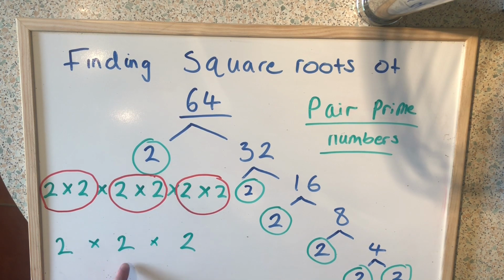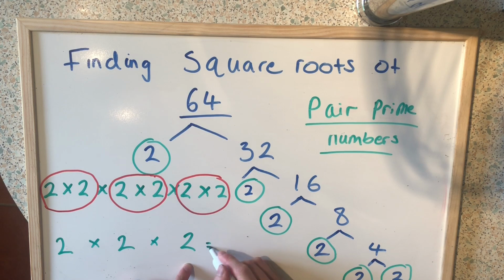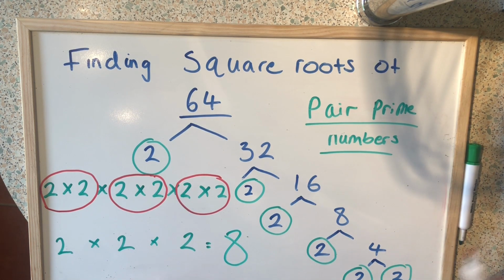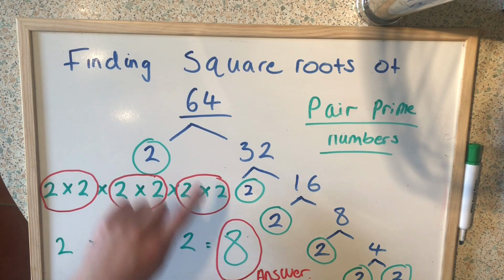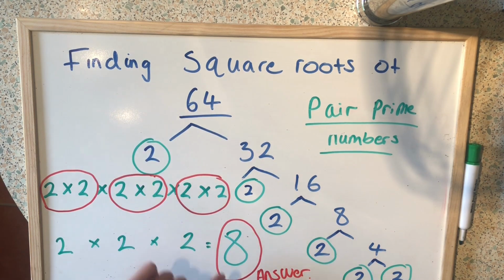So 2 times 2 gives you 4, times 2 again gives you 8. And this is our answer, our square root of 64. And we know that 8 times 8 is 64. So 8 is indeed our square root of 64.